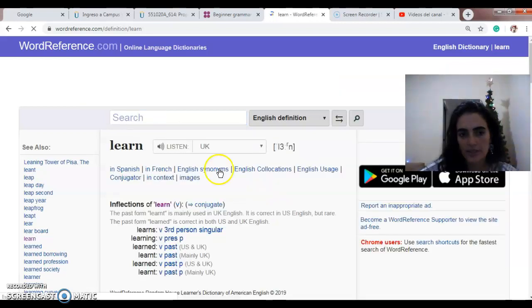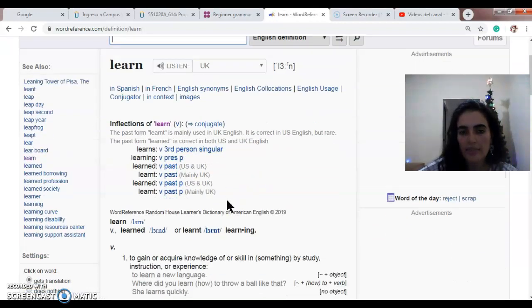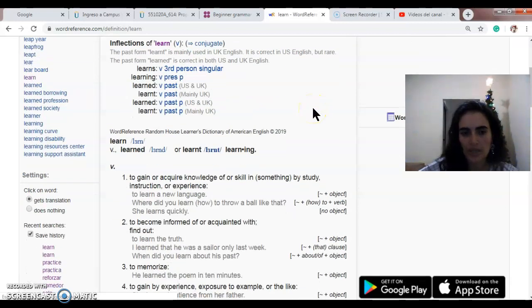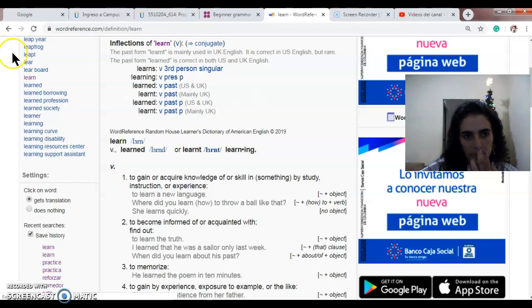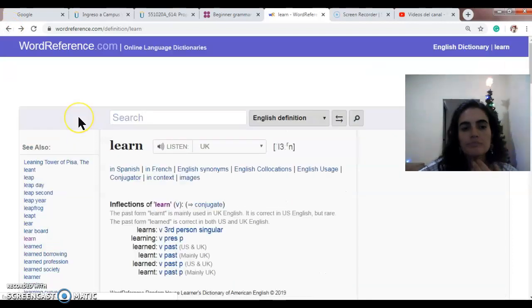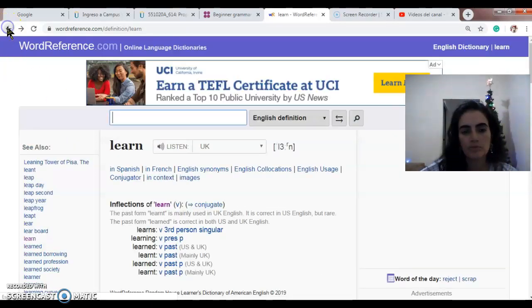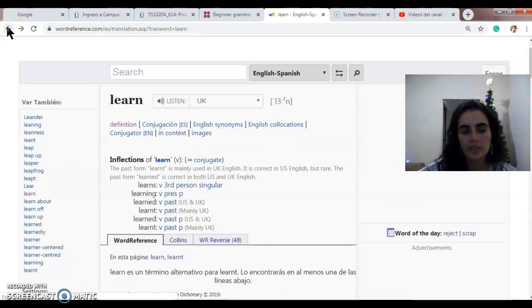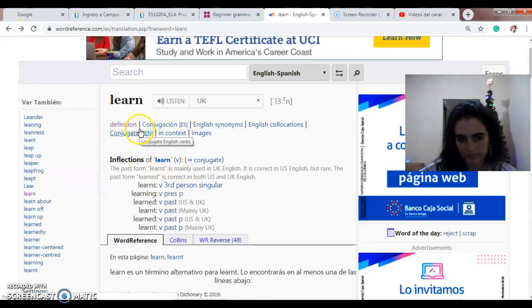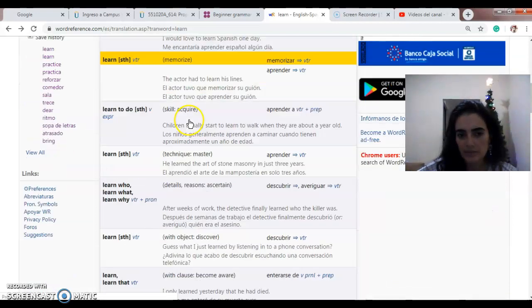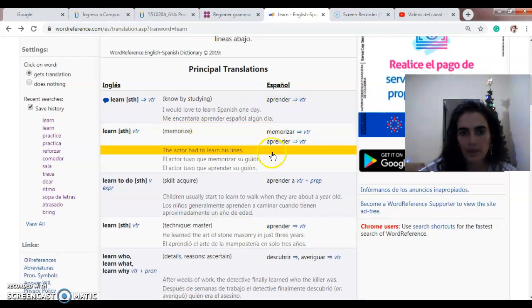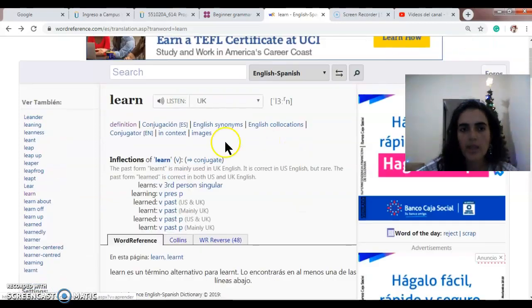The student can find the meaning and the pronunciation, the phonetic pronunciation too. For example, the student can find on this page the meaning and the definition. The meaning, for example, of learn is aprender o memorizar.